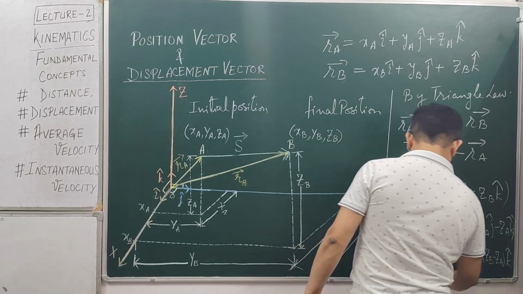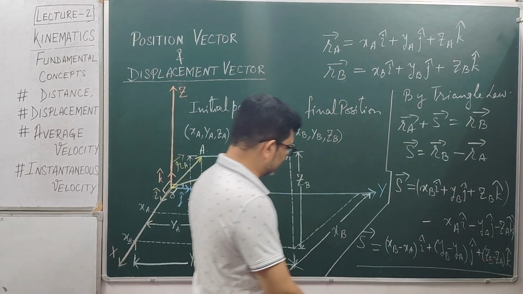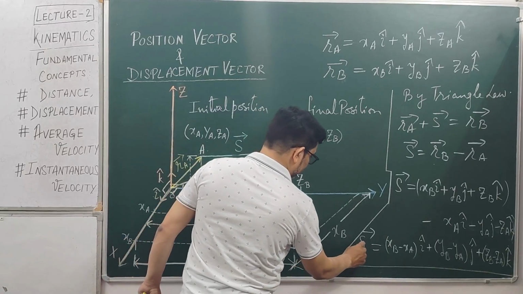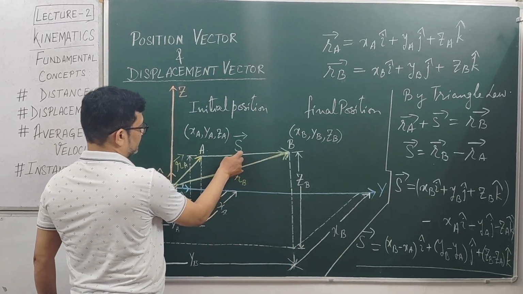So this is what we get in vector notation, the displacement vector. So S is the displacement vector.